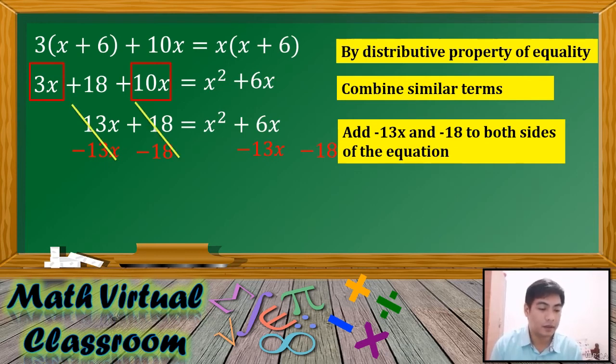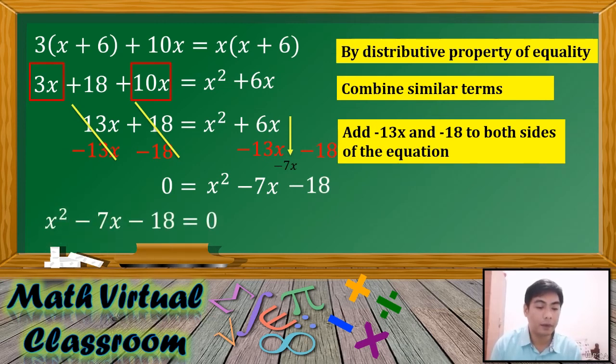So this will be 0 because they are inverses. 0 is equal to x squared. 6x plus negative 13x is equal to negative 7x. We rewrite negative 18. So by symmetric property, that would be x squared minus 7x minus 18 equals 0. So the equation now is in standard form.